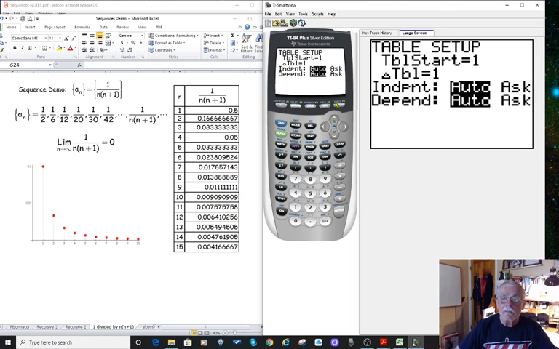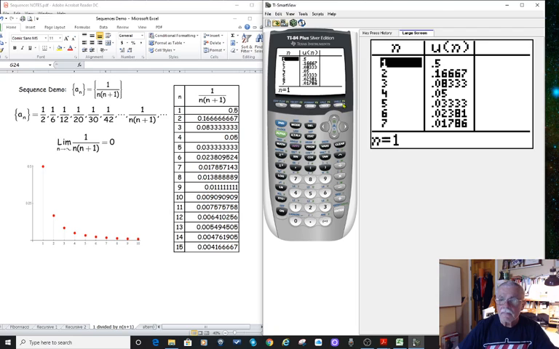And notice the word table is in blue above the graph key. So I press second graph, and there's my table. And you can see that the values here, which I did in Excel, which you can do easily enough, roughly correspond to the values here. Okay? Now, if you're wondering, well, gee, how come I have much more accuracy here than on the calculator?